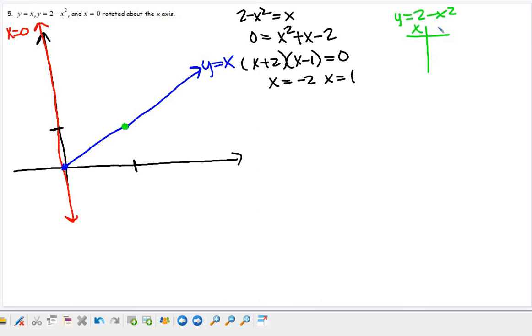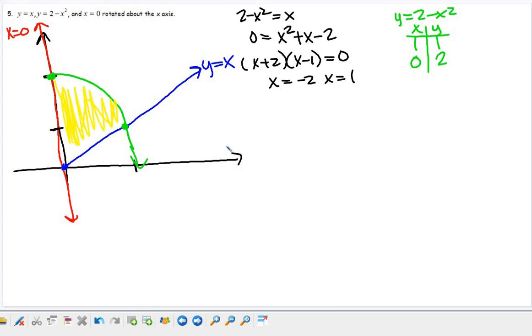I knew I needed x is equal to 1, which gave me 1. But I also need x is equal to 0, because that's how this function intersects this function. So 2 minus 0 is 2. So 0, 2, which is here. And remember, this is a downturn parabola, so it looks like this.